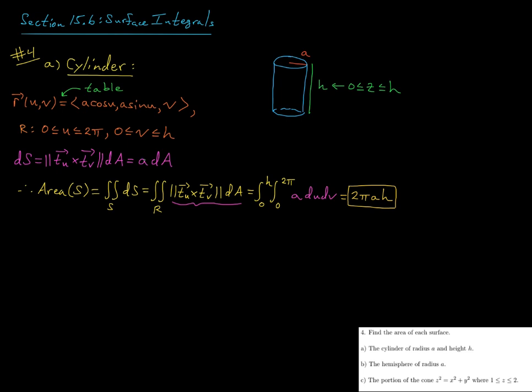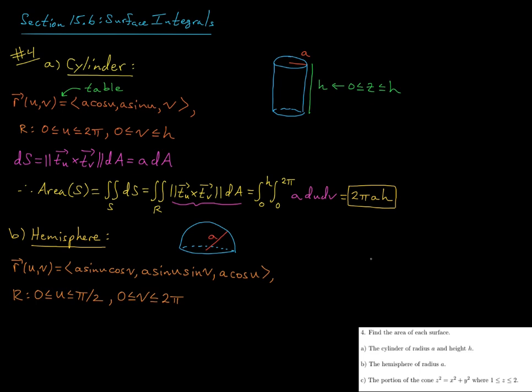This is just my a coming from that calculation we made for the cylinder, and this all comes out to be 2 pi a h. We're just integrating the constant a here. It's really simple. And this certainly is in agreement with what we would have gotten without calculus. This is just the circumference of this circular cross section of the cylinder, so 2 pi times the radius times the height of the cylinder.